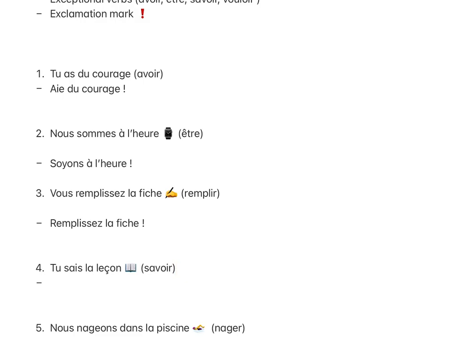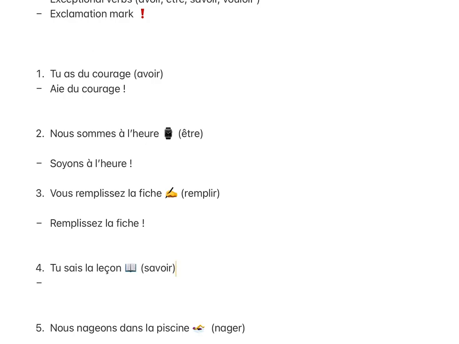Tu sais la leçon, which means you know the lesson. The subject pronoun is tu. The conjugated verb is sais, which belongs to the verb savoir, which means to know how or to know something in the general sense. So, the verb savoir is one of the exceptional verbs when it comes to the imperative form.